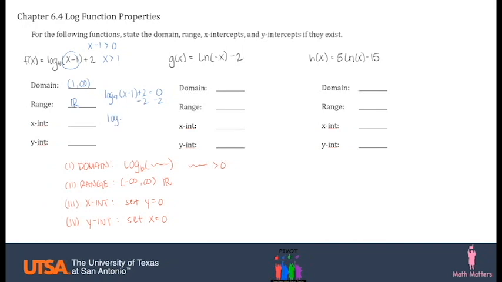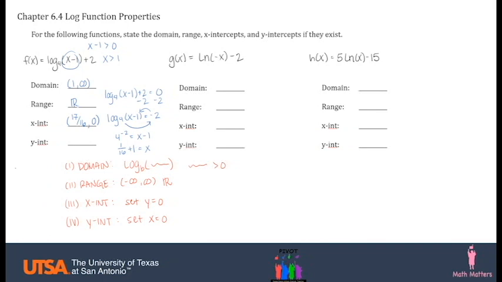Then we get log base 4 of x minus 1 equals negative 2. And then we can just rewrite this: raise 4 to the negative 2 power and set that equal to x minus 1. We know that 4 to the negative 2 is 1 over 16. If we add 1 to both sides, we get x equals 17 over 16. So our x-intercept is going to be the point 17 over 16, comma 0.